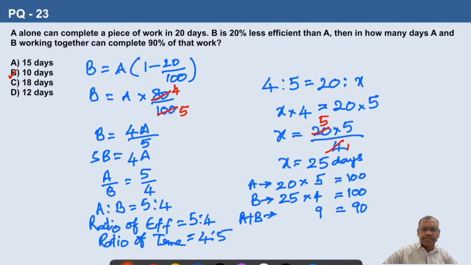So 90% of the work is done by A plus B in 90 by 9 days. What is 90 by 9? 90 by 9 is 10. So in 10 days, they can complete the 90% of the work.